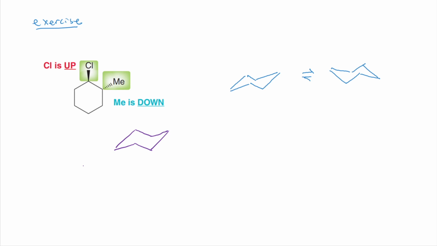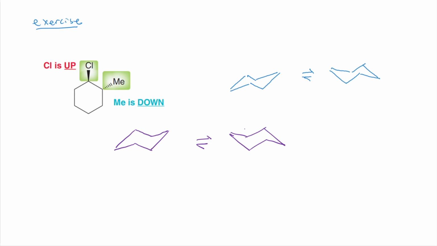And then when it's ring flipped, you just draw it in another way. So you draw the parallel lines in this way, and then another two parallel lines, and then connect these two.